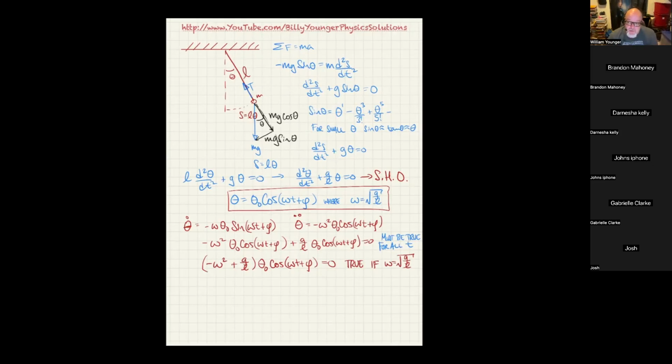Just because it looks like a differential equation that is a simple harmonic oscillator, you still got to figure out what omega is in that context, and that's the way we do it. Any questions on that?